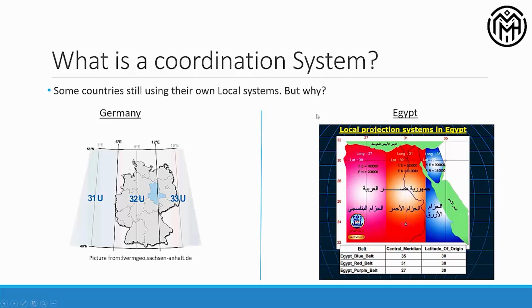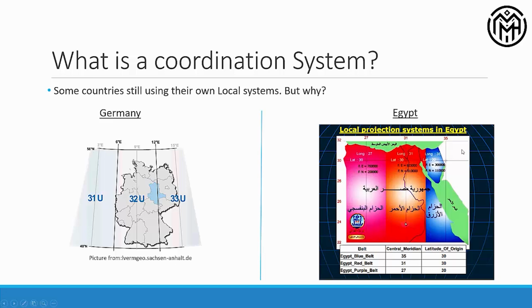It's triple the size of Germany, and they want to minimize the distortion even more, even locally, to have accurate measurements.